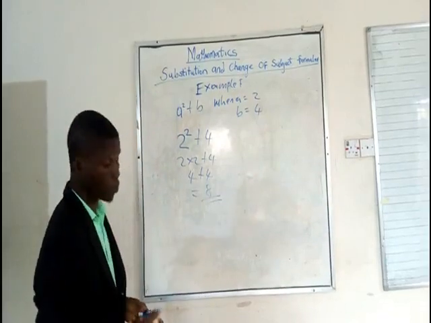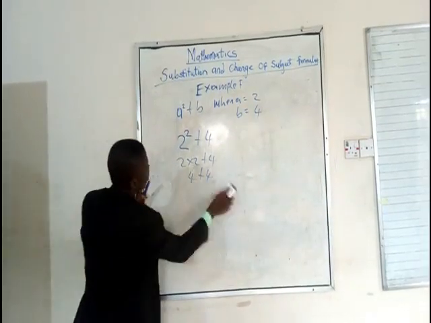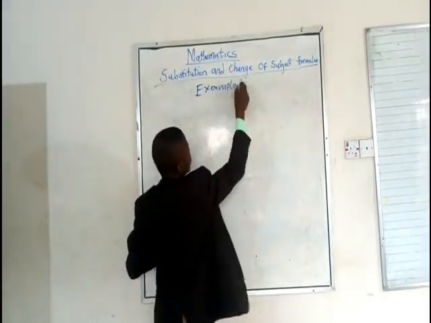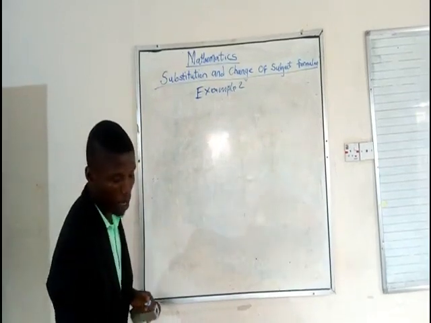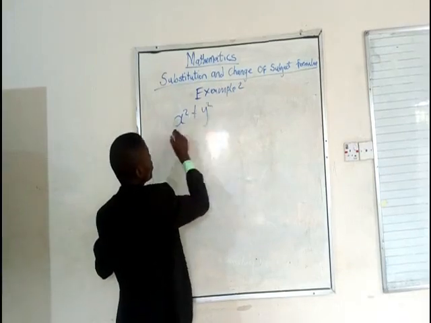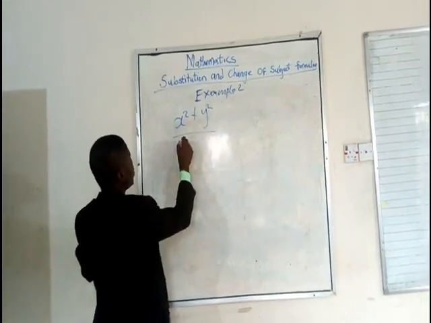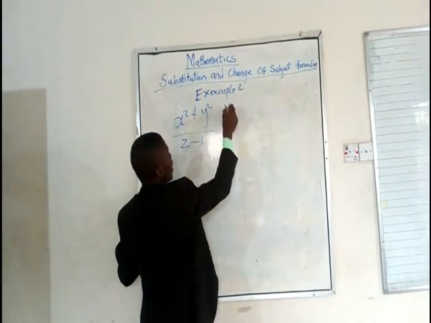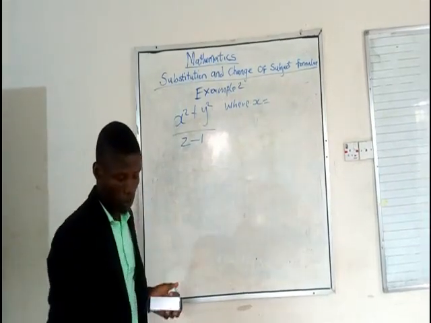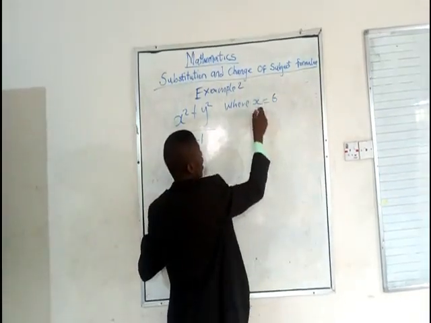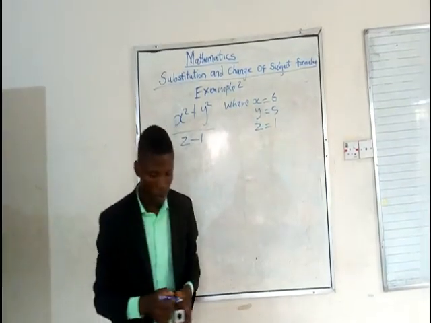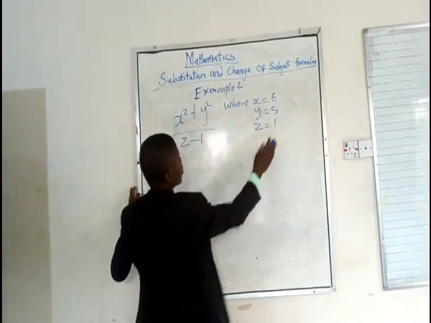Then example 2. We have x squared plus y squared, all over z minus 1, where x equals 6, y equals 5, and z equals 3.